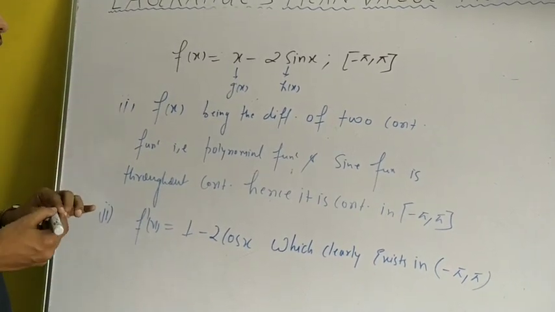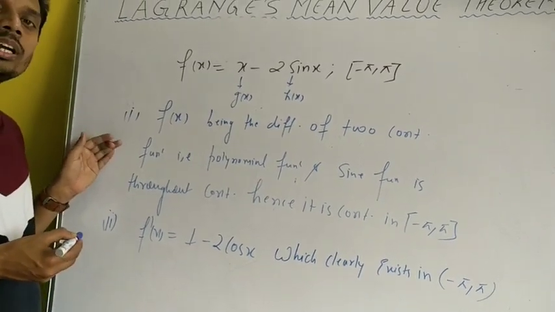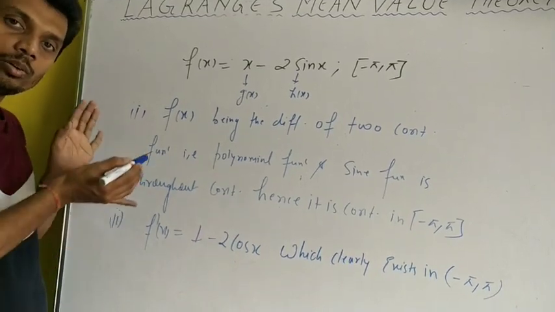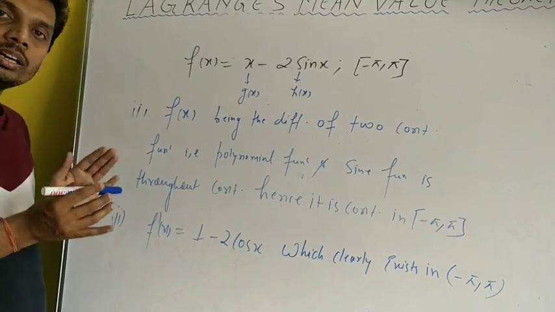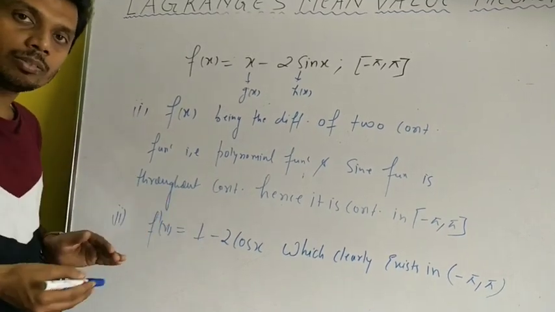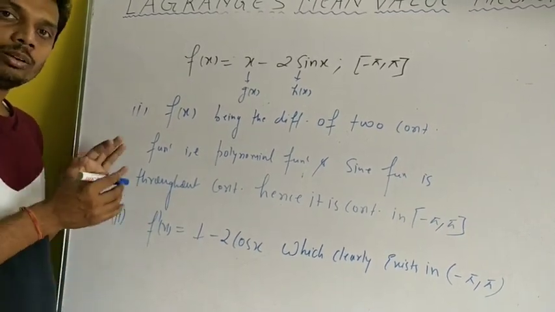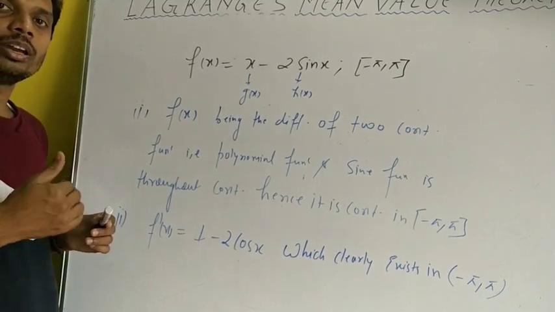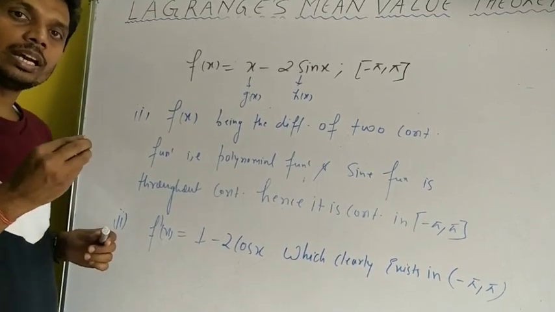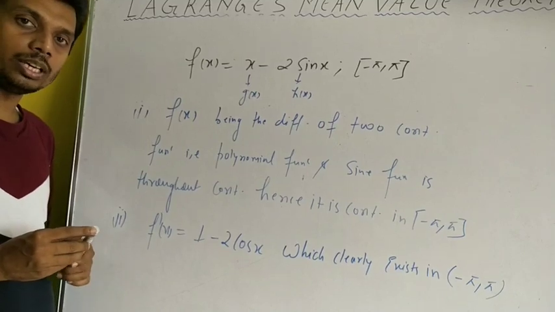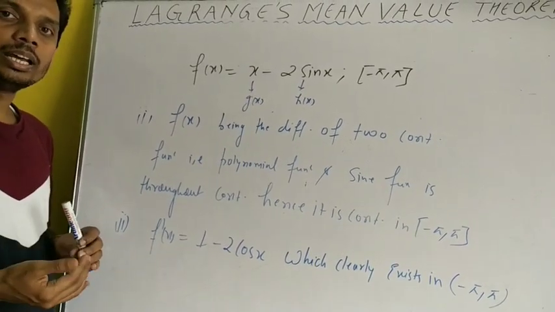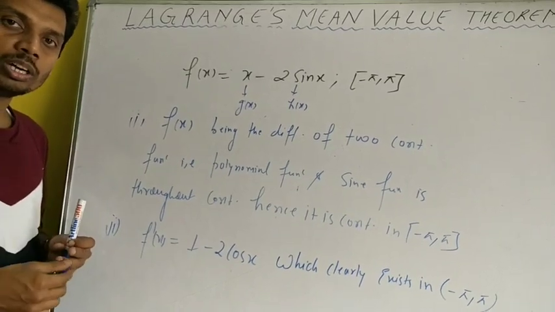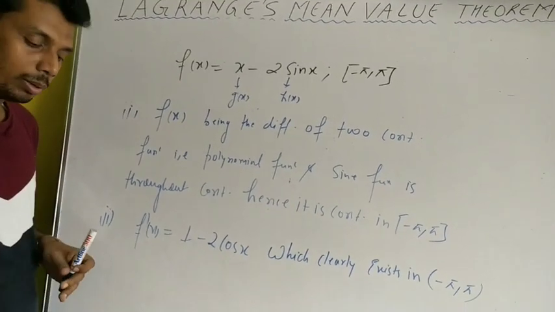Okay, so the first part, the condition of continuity in the closed interval, is being satisfied by the given function. The second part, the condition of differentiability in the open interval, is also being satisfied by this function. Now next, there must exist at least one value c in the open interval (a, b), such that f dash c should be equal to what? f(b) minus f(a) upon b minus a.